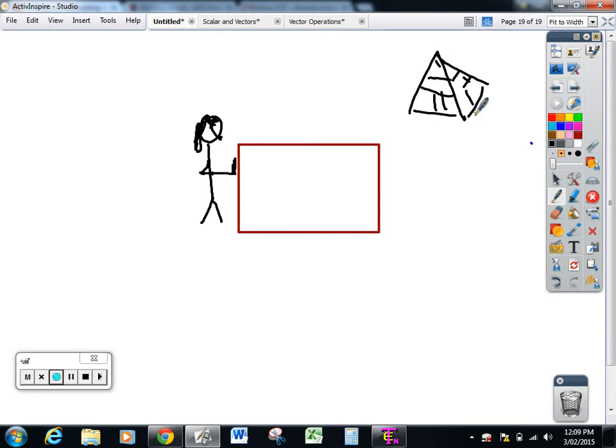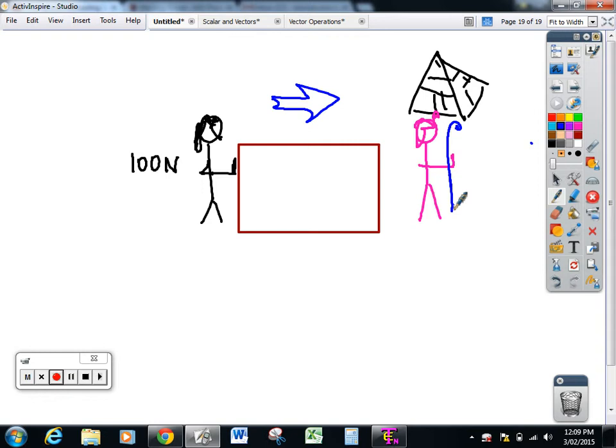Now we need to push this block, and you and a whole group of your own slaves are going to push at 100 newtons in this direction. So here we are, pushing that way, and I'm going to give you a hand, even though I'm Pharaoh. I'm going to be over here as well, with a headdress and a little staff.